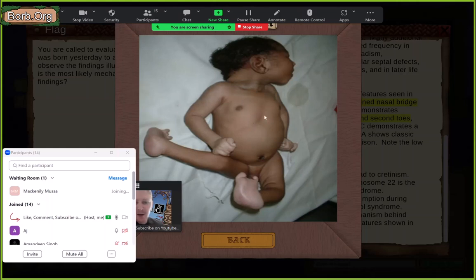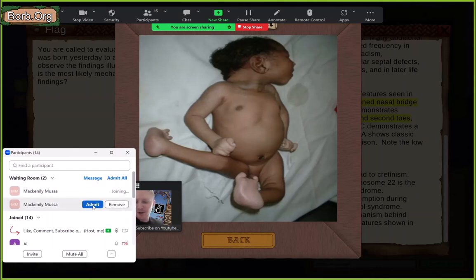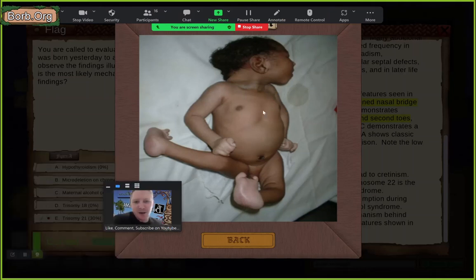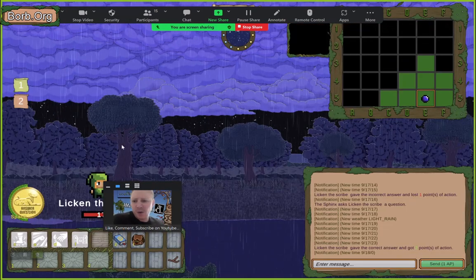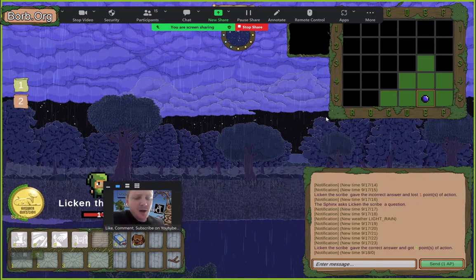So these are all kind of a cornucopia of genetic features here, but you can have what's called pectus excavatum, I think, where your chest is kind of excavated, concave.